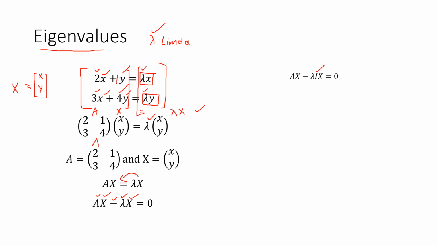Identity matrices are square matrices of this kind: 1 0 0 1, or 1 0 0 0 1 0 0 0 1.